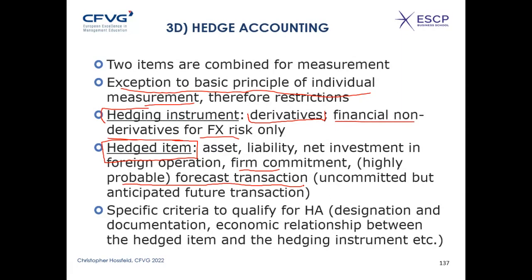There's no engagement, but obviously when I want to operate my aircraft, I need fuel. Therefore, I am obliged to pay and to buy fuel in the future. So I can do a forecast, I can do a hedge on those forecasted transactions, and I can hedge my future fuel purchases.